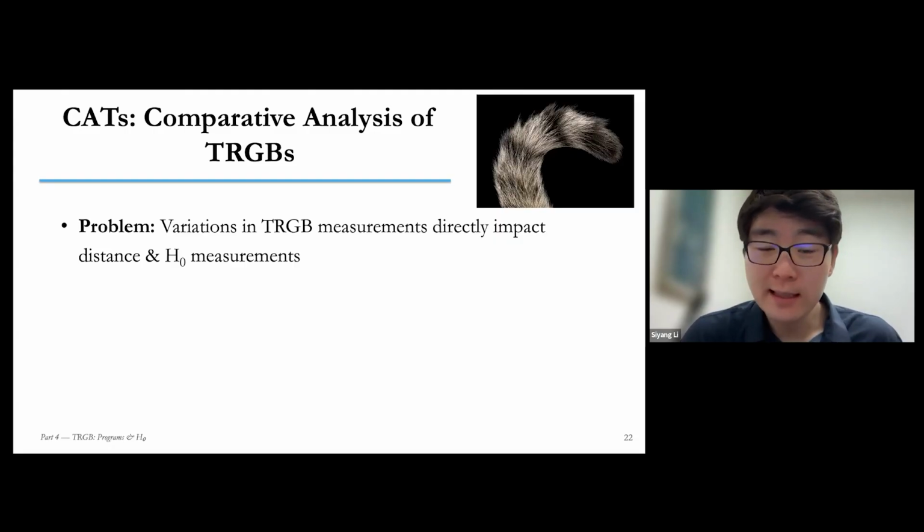We saw that there were variations in TRGB measurements when you look at different fields, for instance, in the same galaxy, and also variations that arise due to different measurement choices. As I mentioned before, when you apply smoothing, you can apply different smoothing values that can shift the value of the TRGB by certain amounts. And of course, that can propagate to the Hubble constant measurement.